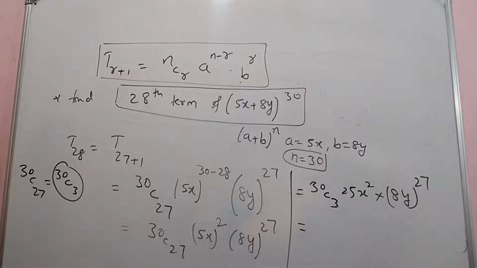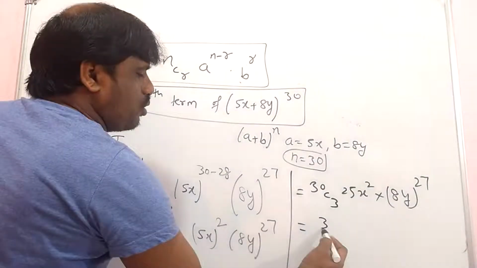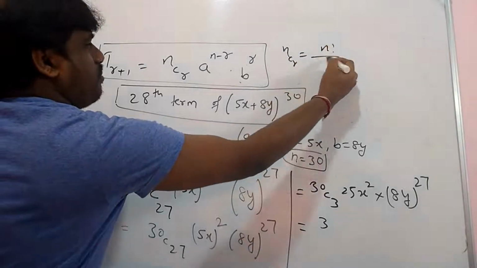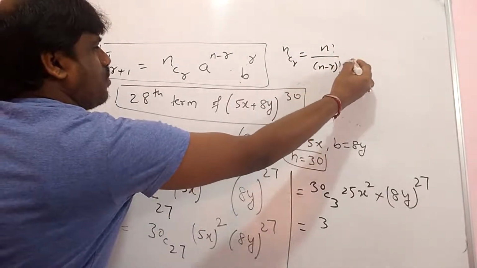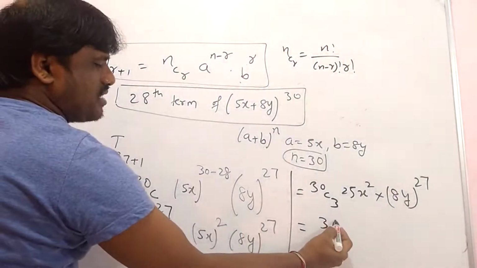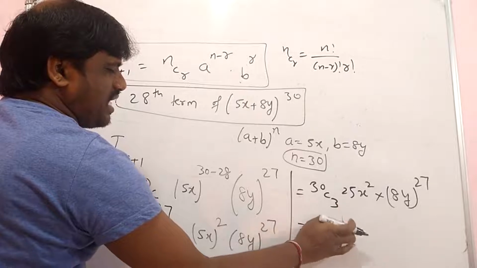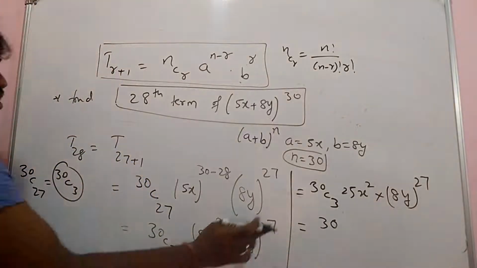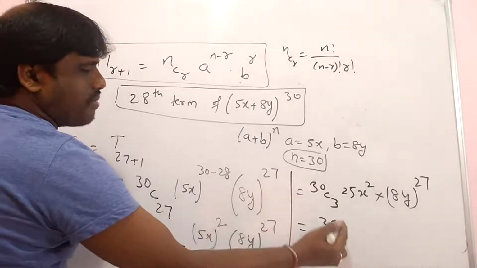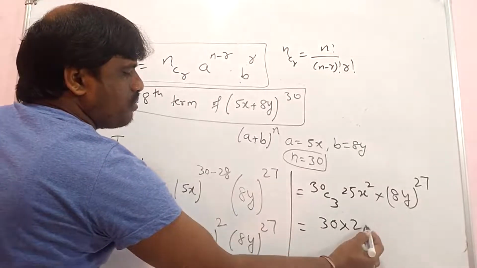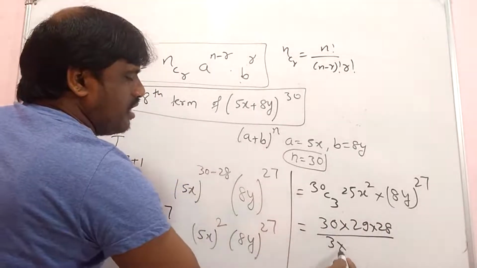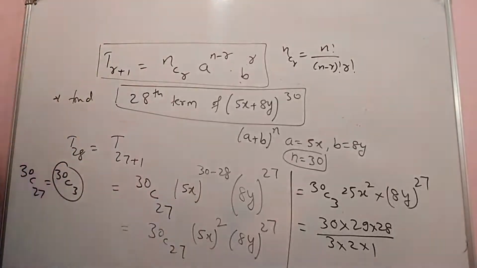So 30C3 can be written as what here? You know the formula nCr is equal to n factorial by (n minus r) factorial into r factorial. Or I can write it directly by another method I told you: start at 30 and go back multiplying 3 terms, so 30 into 29 into 28 divided by 3 into 2 into 1, which is 3 factorial.